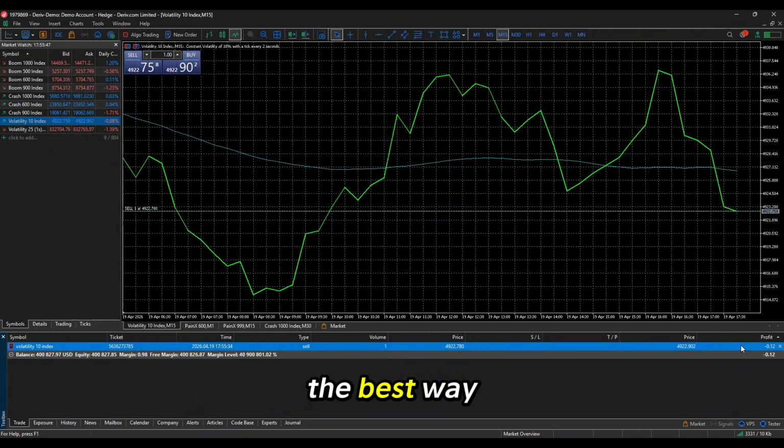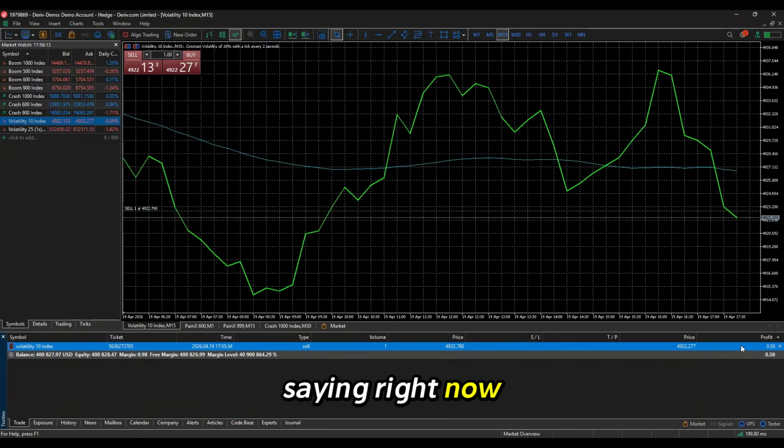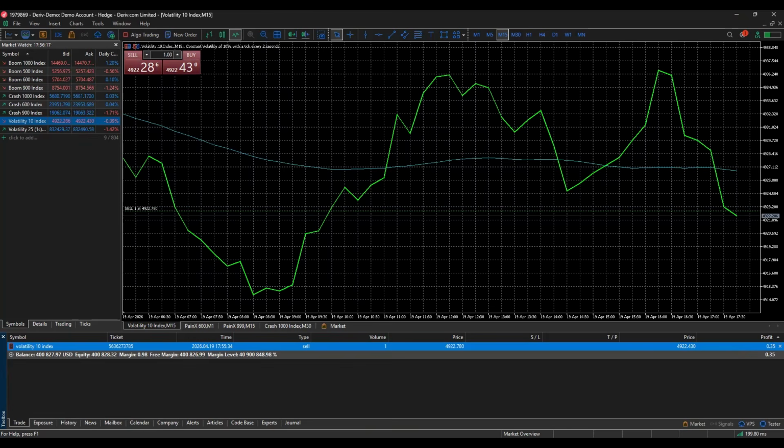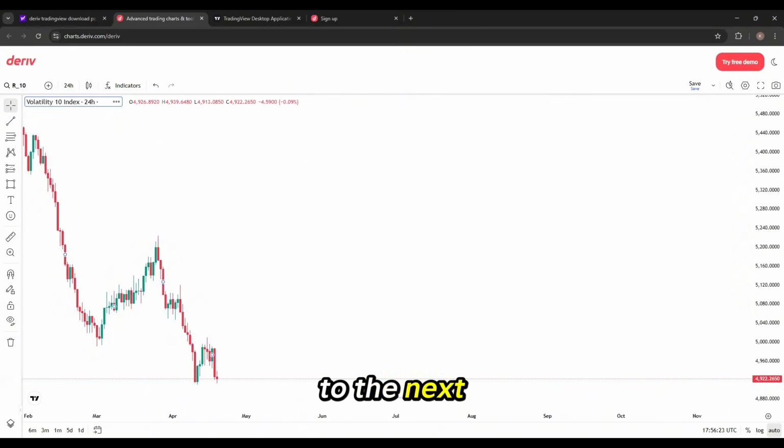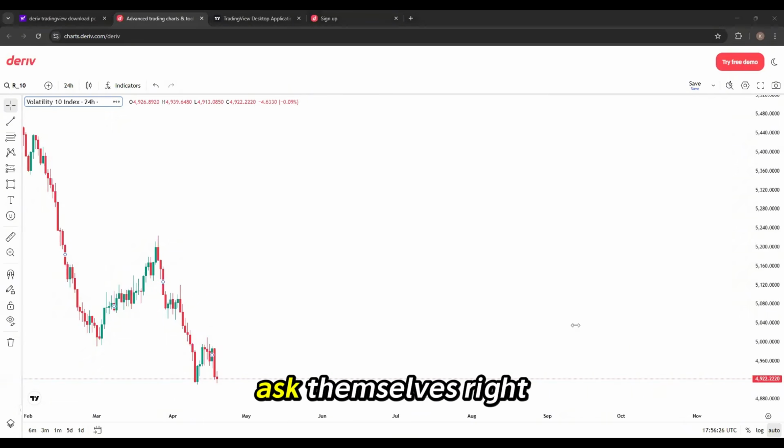So this is the best way we can explain how pairs are different when it comes to volatility. Some pairs will make you more money, but at the same time, they will make you more losses. Some pairs will make you less money, but at the same time, they will make you less losses. I hope we are understanding whatever I'm saying right now. All right, so let's go back to our screen and let's get on to the next point that people might want to ask themselves, right?